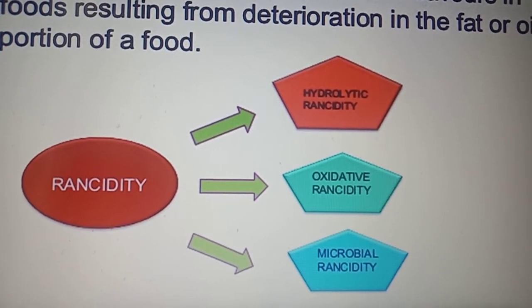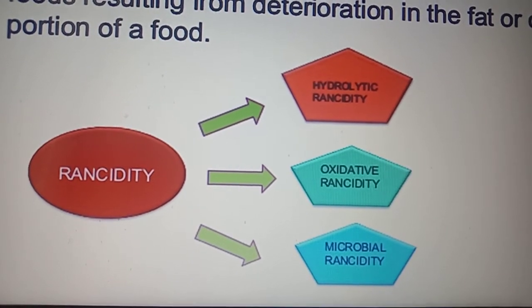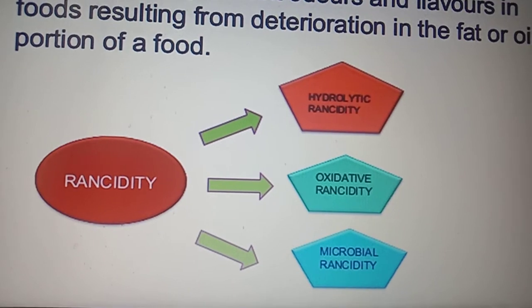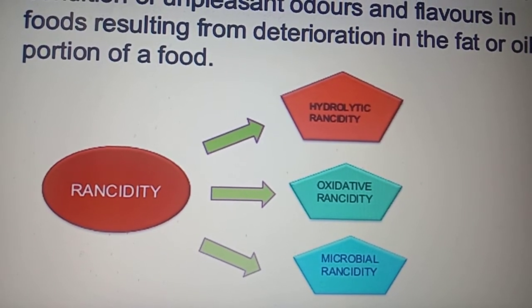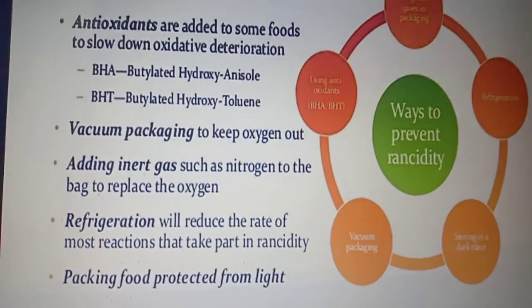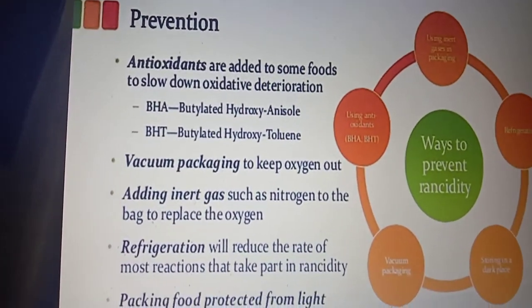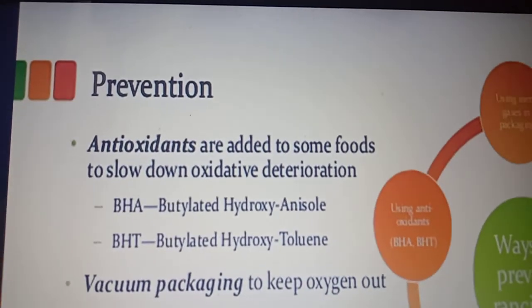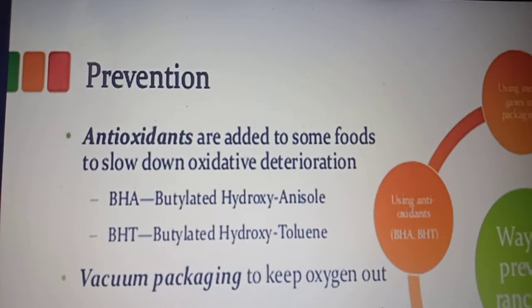Here in class 10, you are just introduced to the term rancidity, its causes and prevention. That is, how can we prevent rancidity of foods. Here there are some prevention measures. First of all, use of antioxidants.